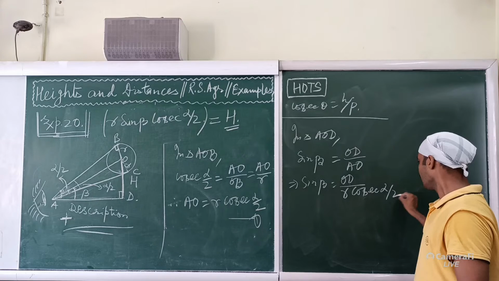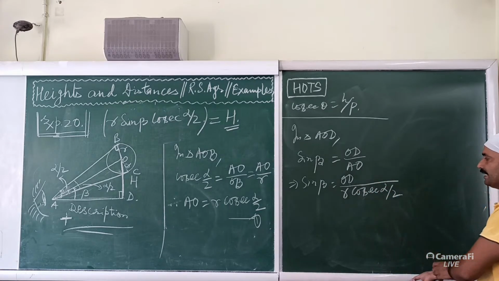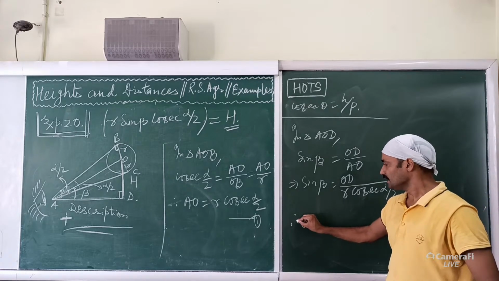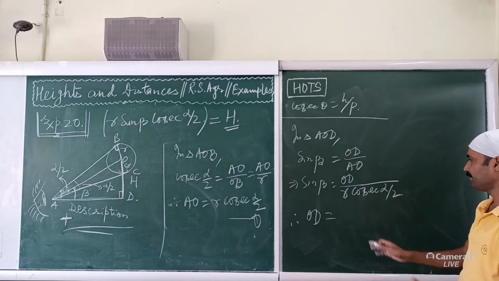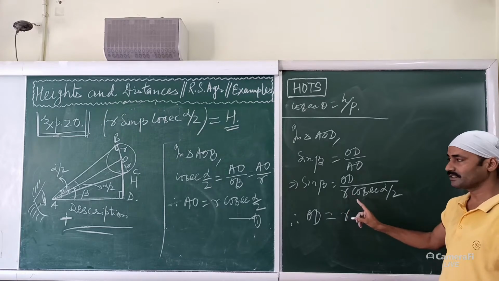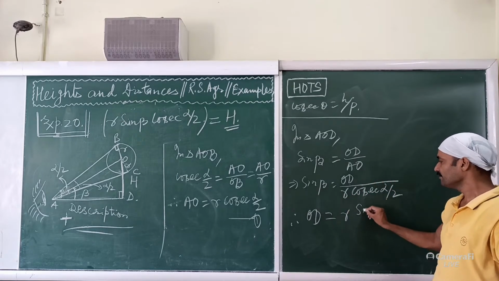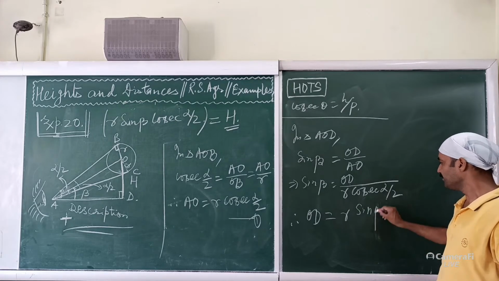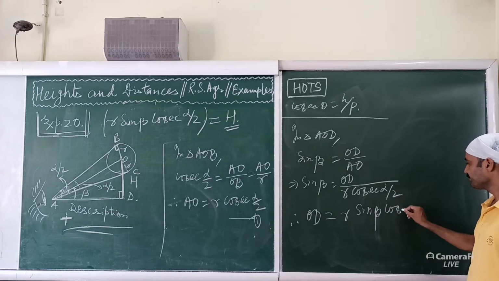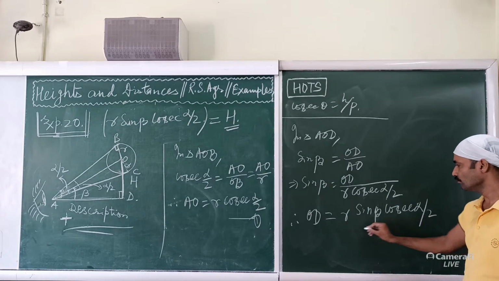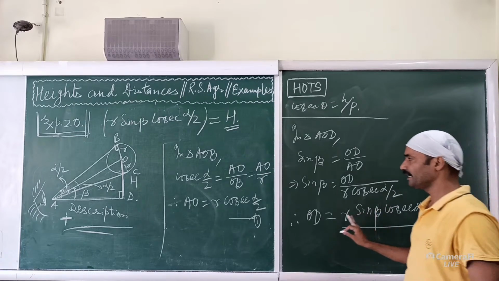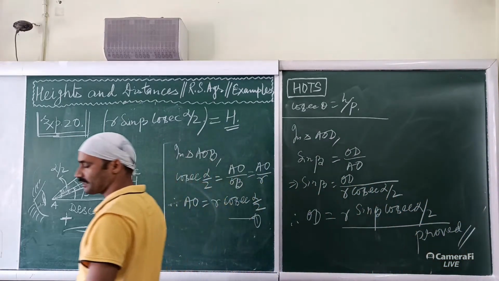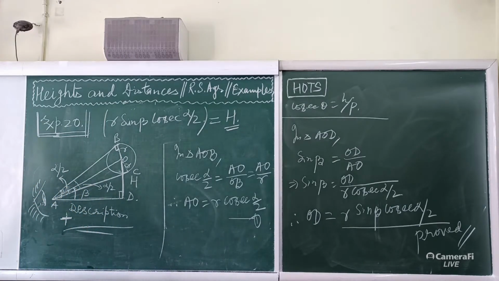Therefore OD equals R sin beta cosec alpha by 2. This result we have got. OD is the height, and this was our result. Note down, you all must note down, and we will see the next question.